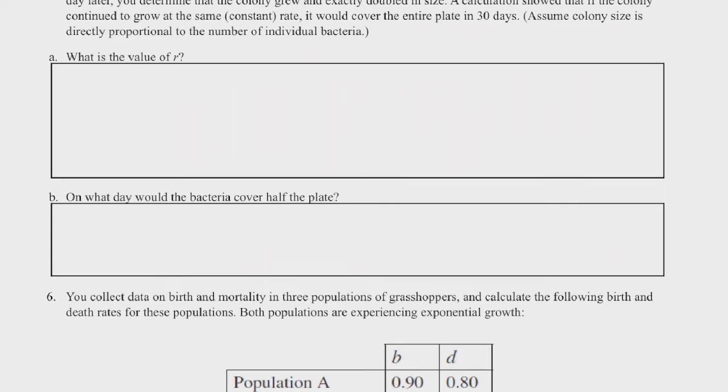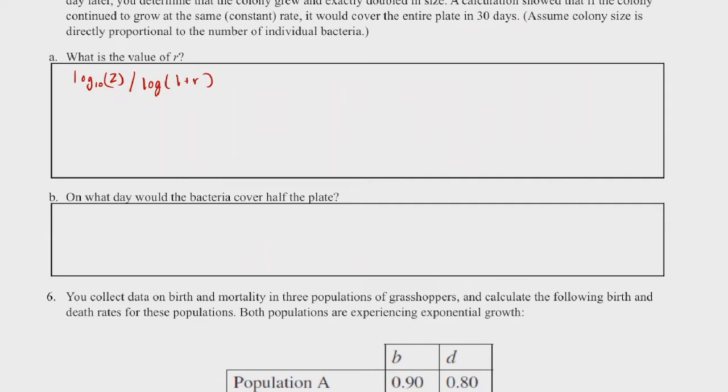So we know the doubling time is log 10 of 2 divided by log 10 of 1 plus R. So we know the equation has to do with 70 divided by the percent increase per unit time, which is equal to the doubling time.